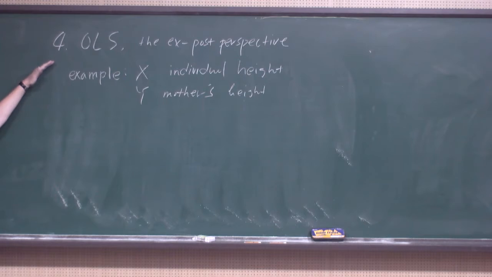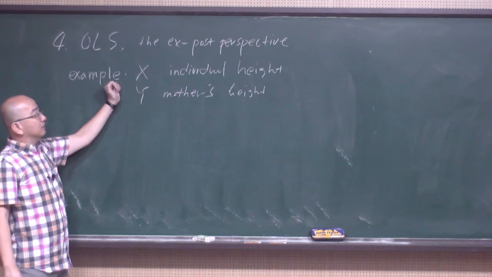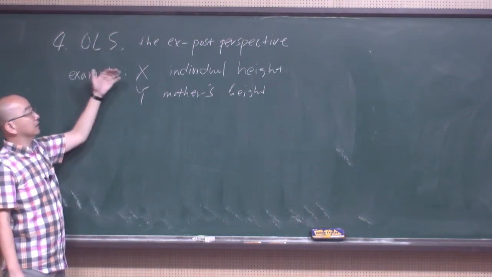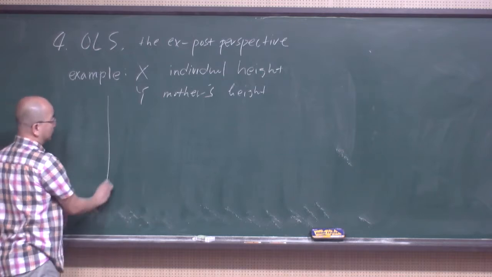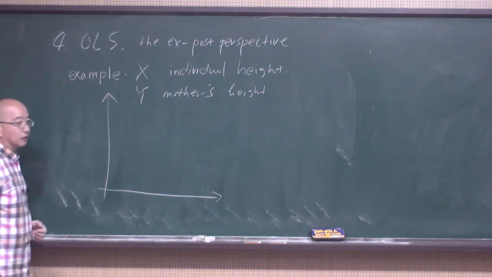With the ordinary least square technique, what we do is we want to describe again the data. We want to describe the relationship between X and Y in some way. So we can think about a scatter plot of X and Y.